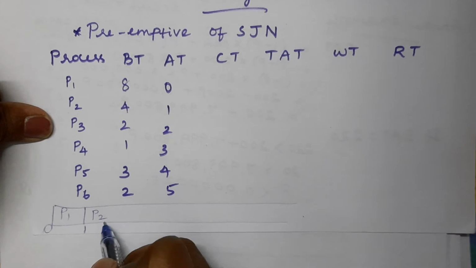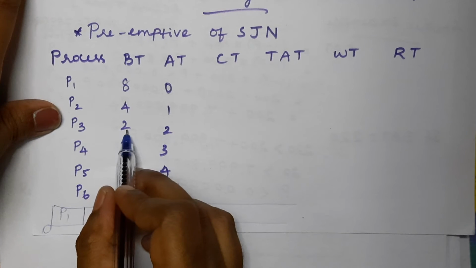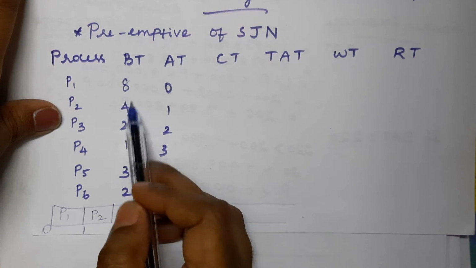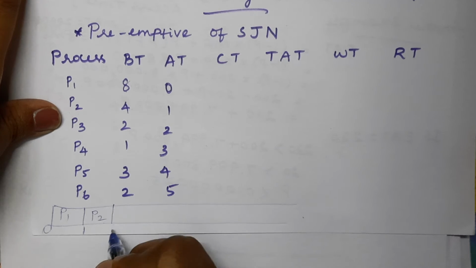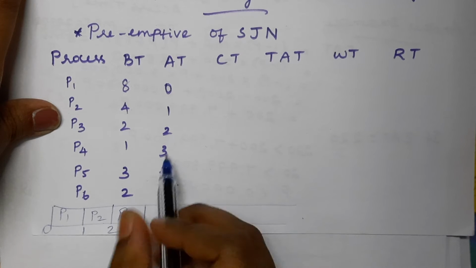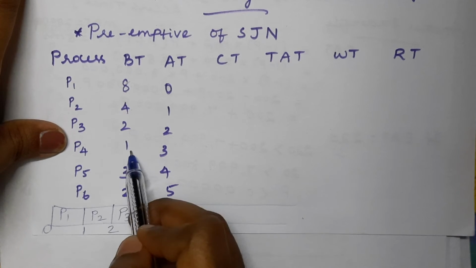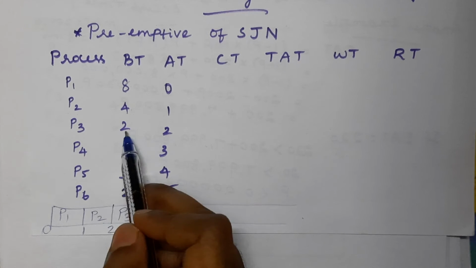So we are scheduling process P2, and at time 2 process P3 has arrived, which has a lower burst time than processes P1 and P2. So we should stop executing process P2 at time 2, and again we schedule process P3, and at time 3 P4 has arrived and its burst time is 1, which is lesser than the previous process, that is P3.